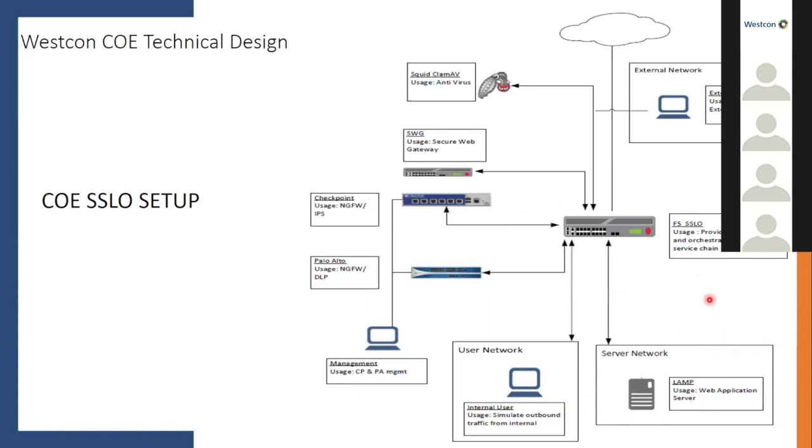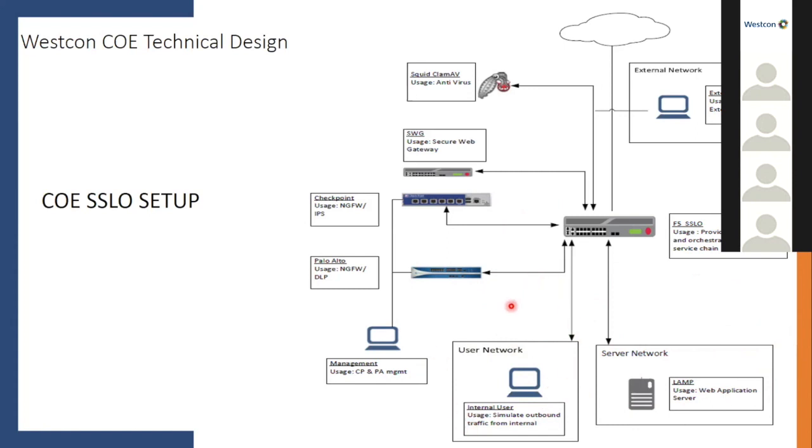Most of you might have heard of it. The hackathon is an open source e-commerce web application. We use that to serve as a web application, and we have a user network which serves as internal users trying to access information in public.